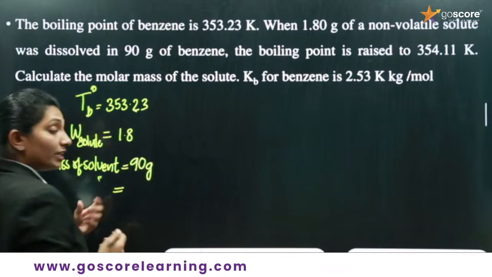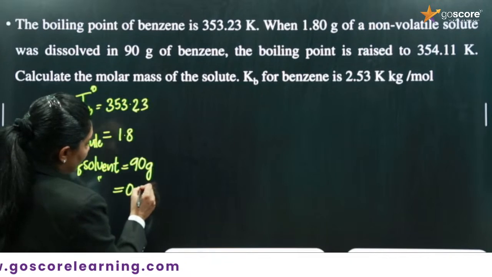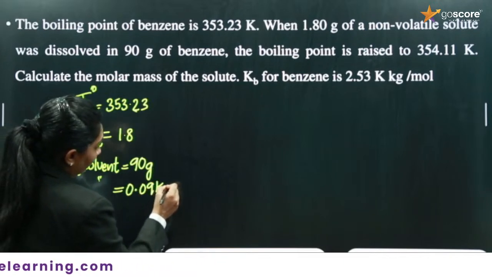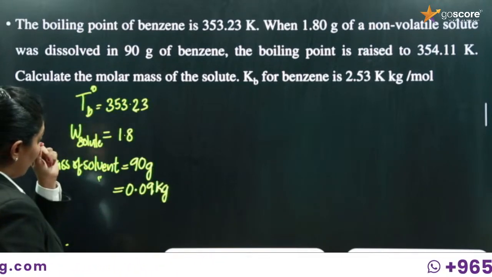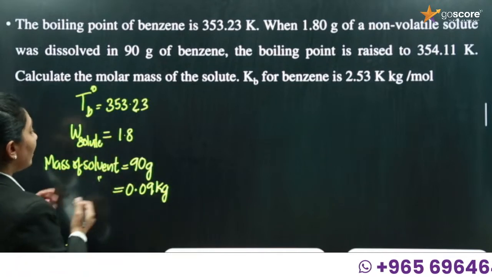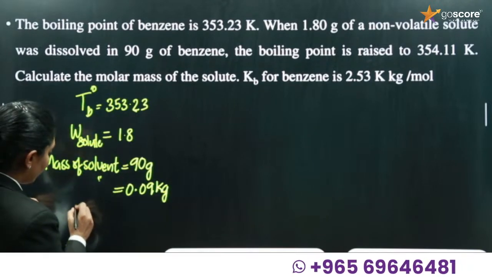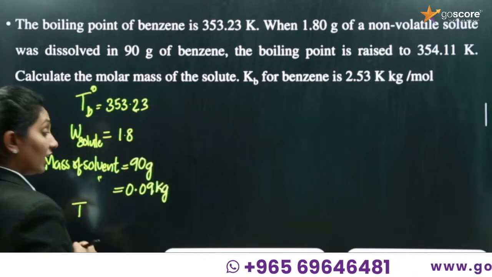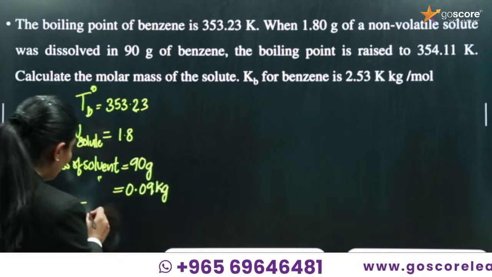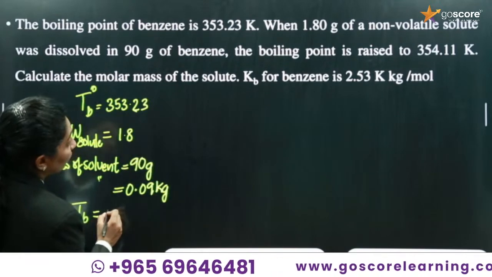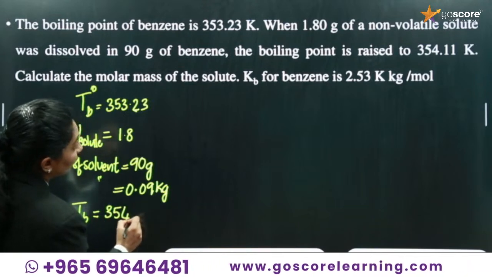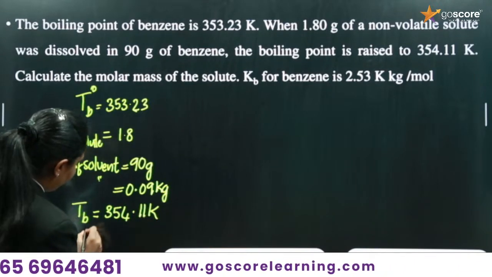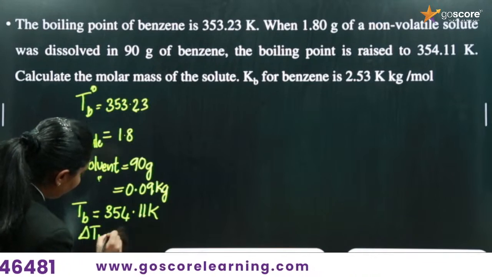When you convert it into kilogram, it will be 0.09, right? And when you add this solute, the boiling point is raised to 354.11 Kelvin. That is the boiling point of the solution.